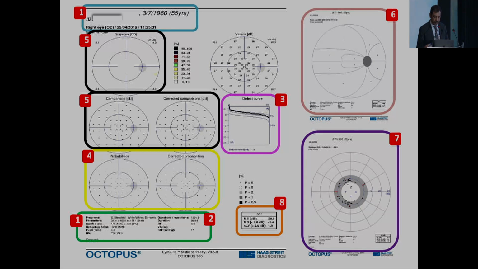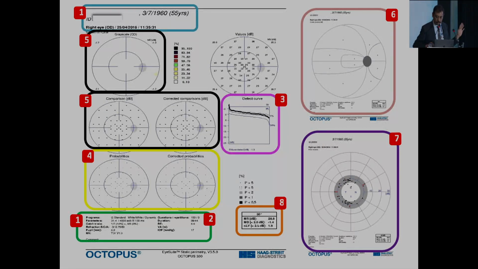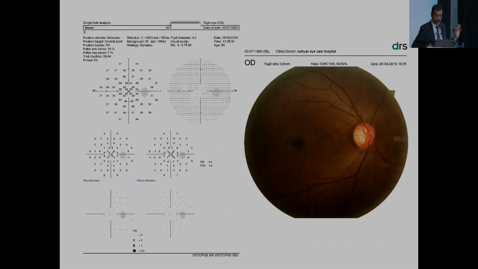Then you have the probabilities here. Is there any defect which you see here in the probability score? There is no change. And in zone 8, the mean defect is only 1.4 and the PSD is 1.9, which is fine. But we should never look at only this and say normal; you have to always correlate with the fundus photograph.